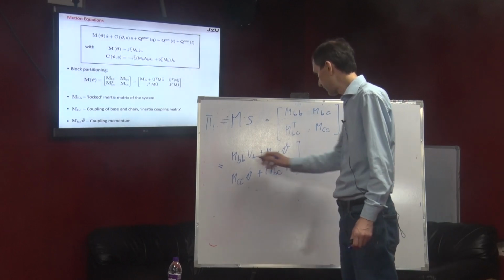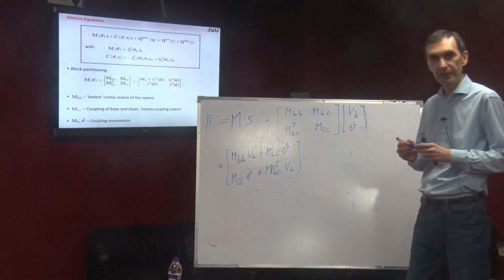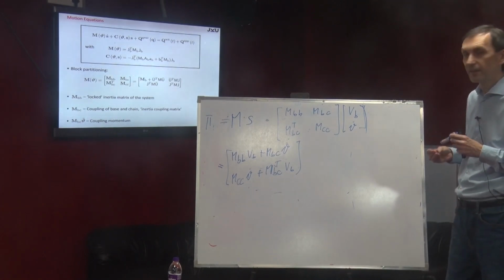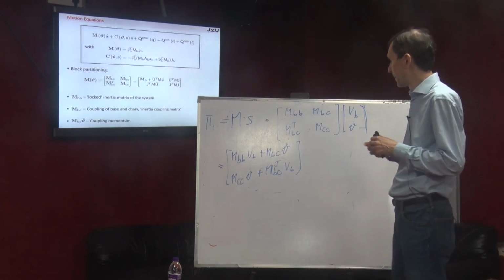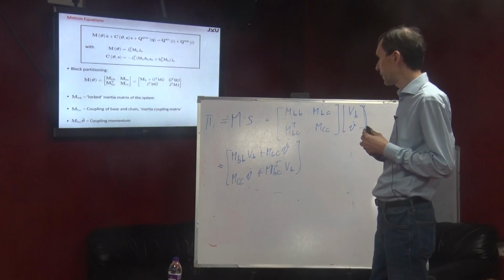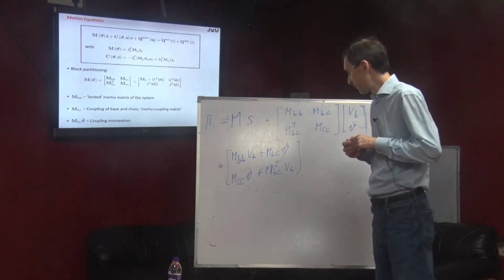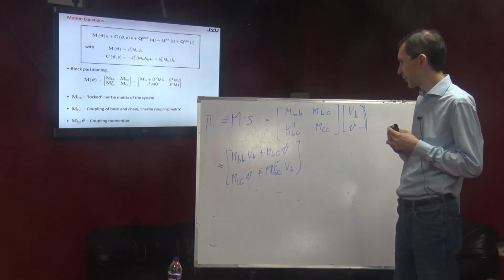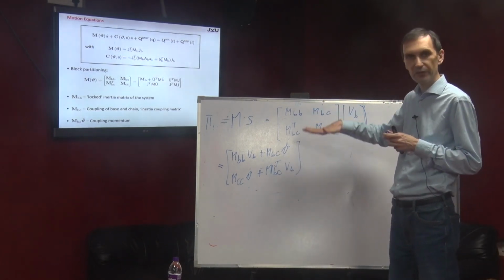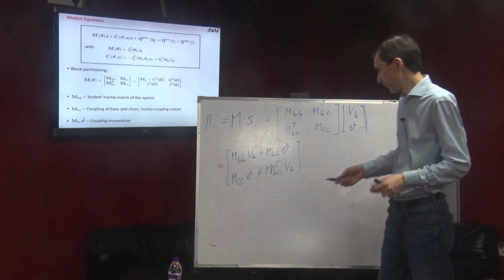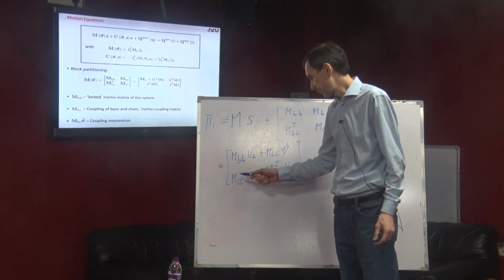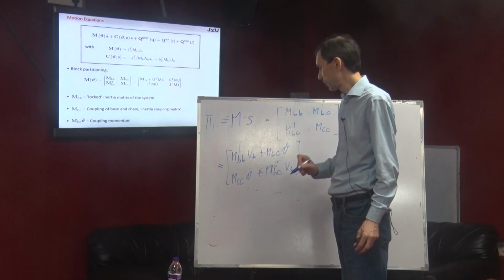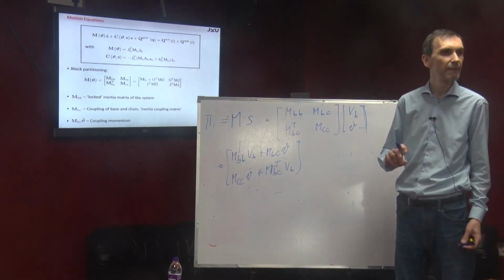So that's what you get as a momentum here. And when you say momentum, maybe conceptually it's important to understand how the splitting comes. Maybe look at the dimension. What is the dimension of MBB?